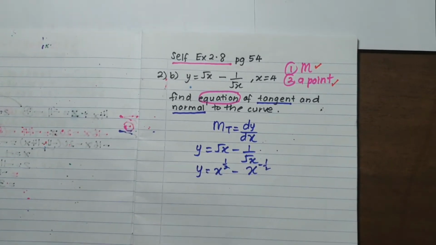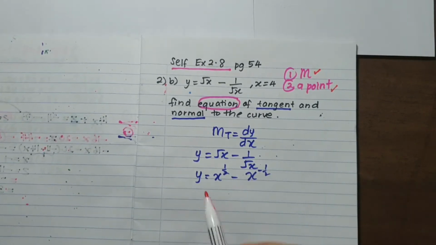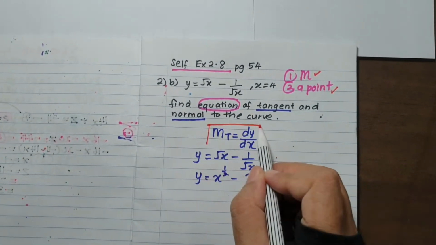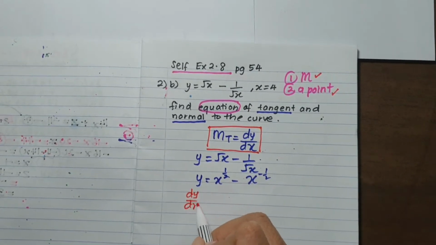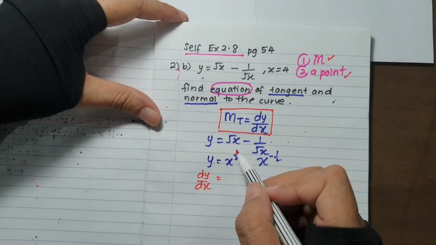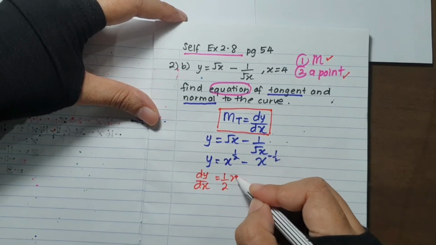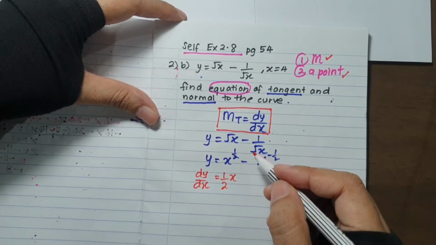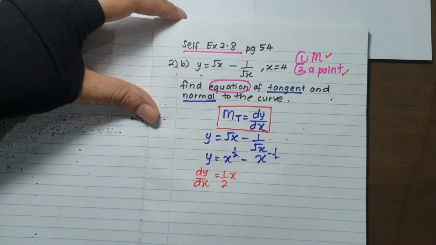Now let's differentiate, because you want to find dy by dx, right? You understand the gradient of the tangent is dy by dx. So use the basic formula of differentiation. Multiply the index to the front, half times 1 is half. Copy the variable, and the power always decreases by 1.